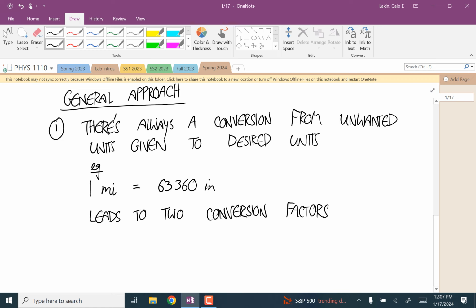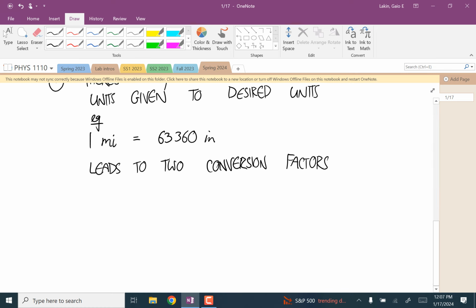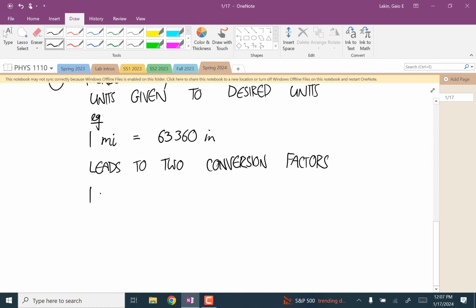So you can multiply these conversion factors to things without changing the meaning of what you're multiplying. So 1 mile over 63,360 inches. Since you're dividing something by itself, just another way of writing that, this is equal to 1. And this is also equal to 63,360 inches over 1 mile.